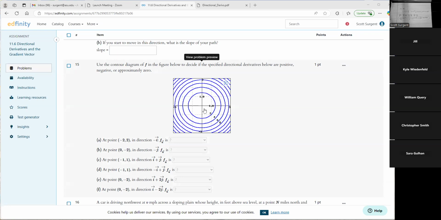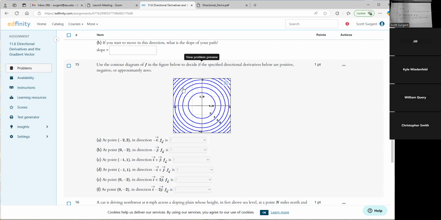It looks like we're looking at a bowl-shaped surface because it looks like the contours are counting up as we go away from the center. Yep. So that'll help us. So this is like some parabolic bowl, we'll think. So at the point (-2, 2), that'll be roughly right where my finger is. That's -2 and 2. And I want to go in the direction of negative i.